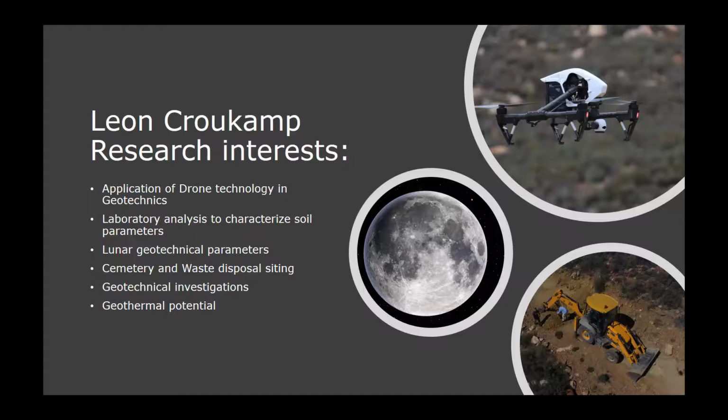There's a lot of research going on at present, particularly on Mars, looking at the parameters, and also lunar. So how do we actually establish a base on the moon? We would have to build foundations. We'd have to support structures. Maybe we can use the material on the moon to build those structures.